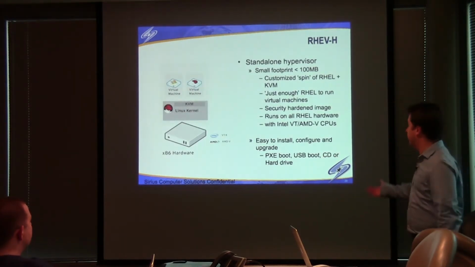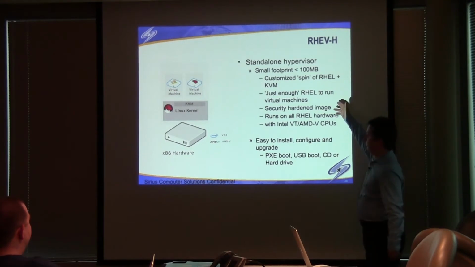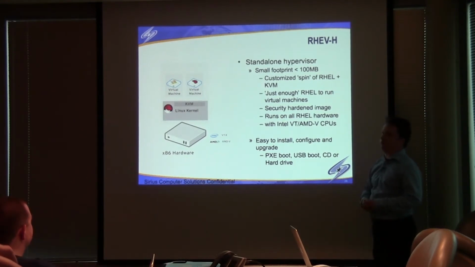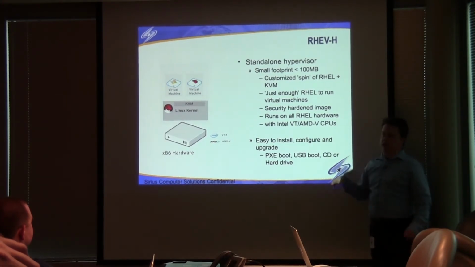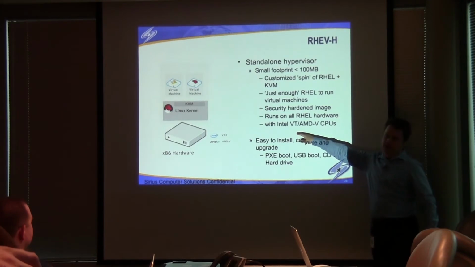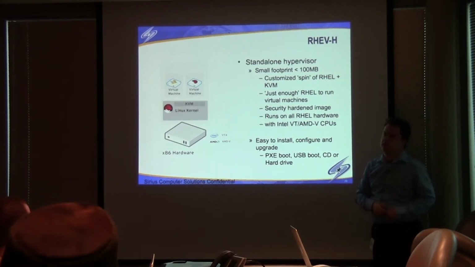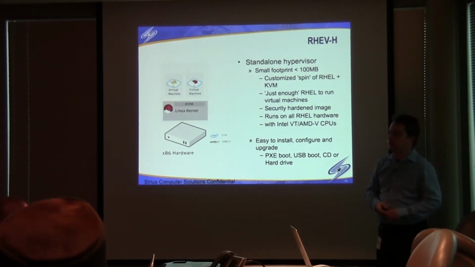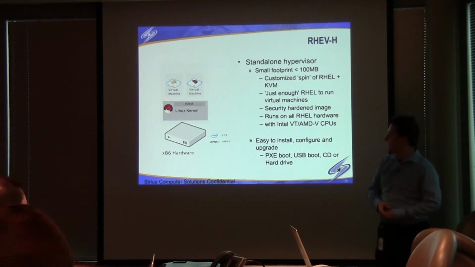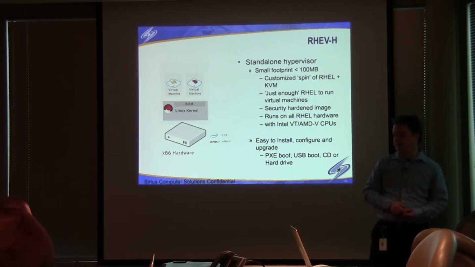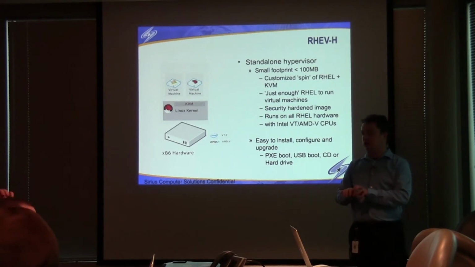So it's said to be just enough Linux to run virtual machines. It's all in with KVM; you have to have a CPU with Intel VT or AMD-V. So this is a headless box. It's just serving as a host.